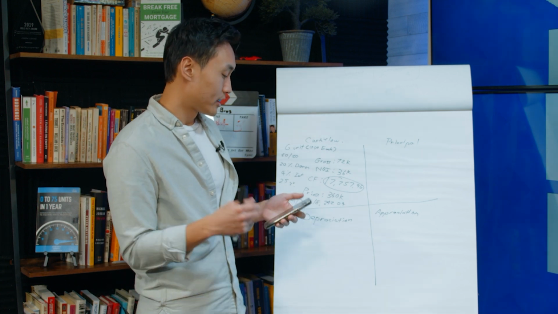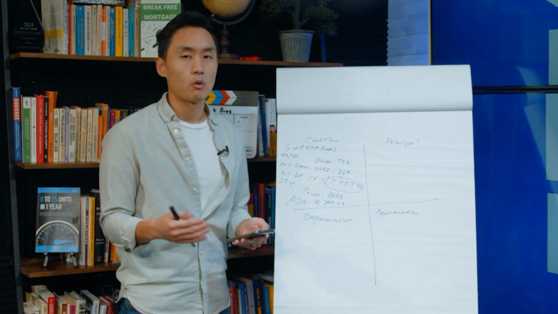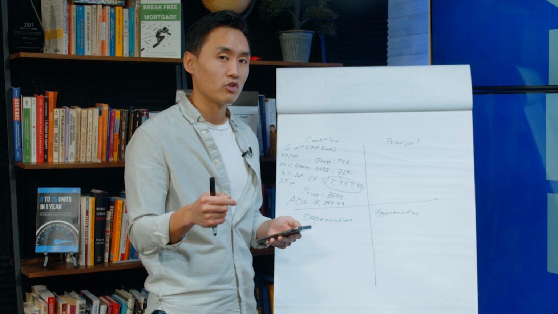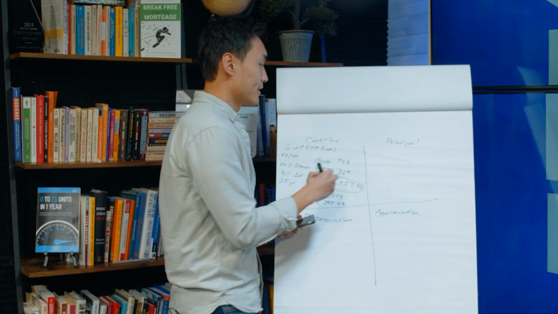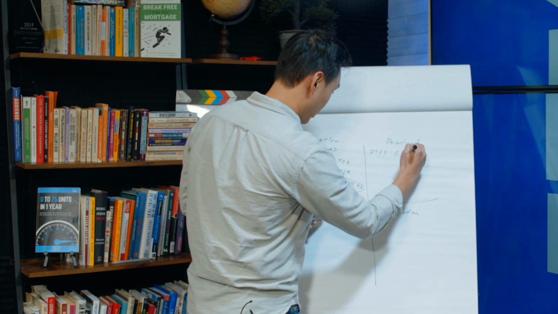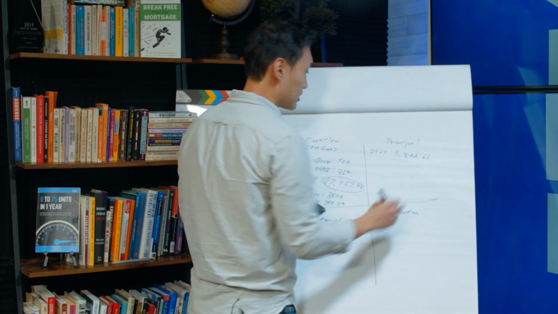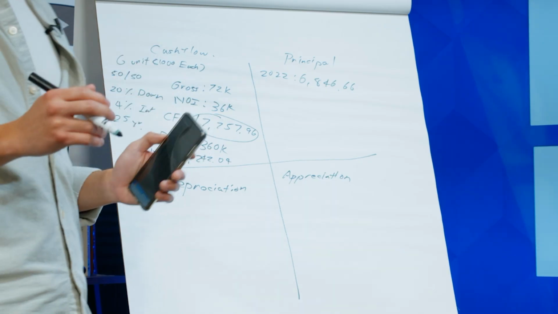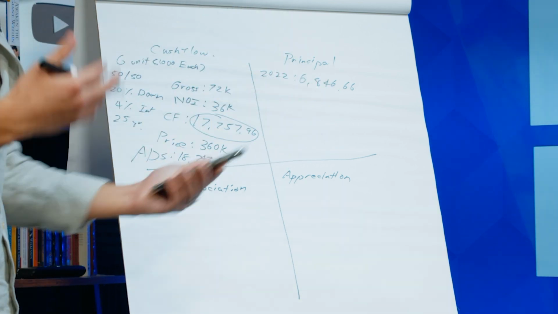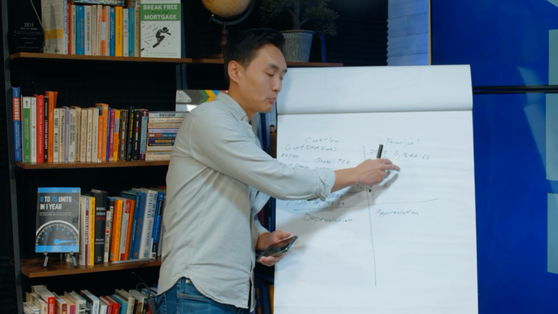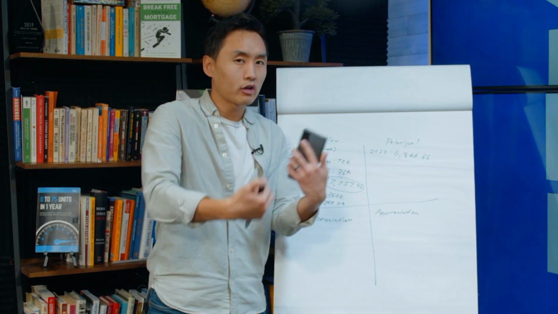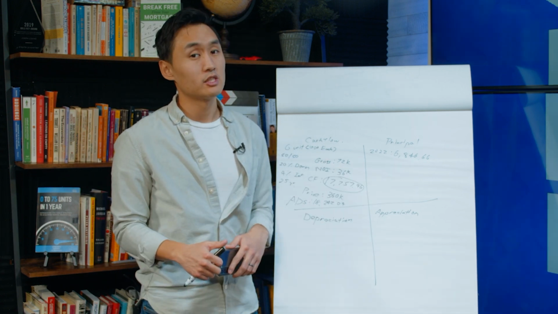All right, so if we go to the table, it will tell us how much principal we're paying down for that first year. Now, I put my start date at January 1st of 2022 for my mortgage, and it tells me that in the year 2022, I'm paying $6,846.66. Now, the beauty of real estate is that if you buy with leverage, meaning you go to a bank or you do seller financing, you're guaranteed to pay more principal as the note matures. So the longer you own the property, the more you're going to pay in principal each year.